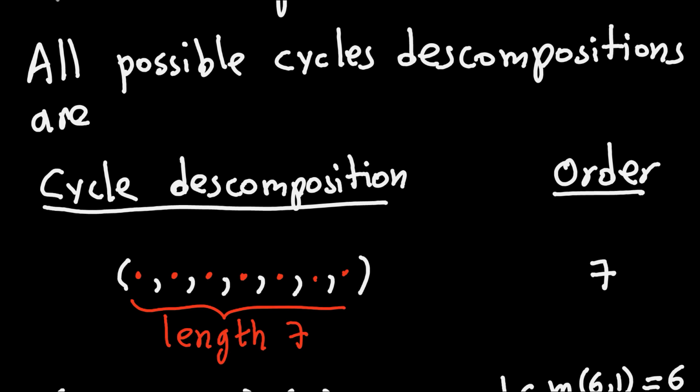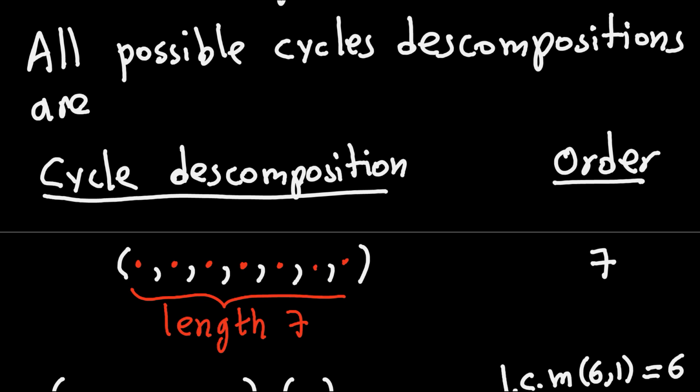So I'm going to do this in 2 columns. Here in this column, I'm going to write down the cycle decomposition, and in this column, we look at the order. Now, one cycle decomposition that you can have of an element in S7 is just a 7 cycle. That's the largest cycle that you can have in an element of S7. So this will be the elements 1 through 7, not in that particular order, but in some order.